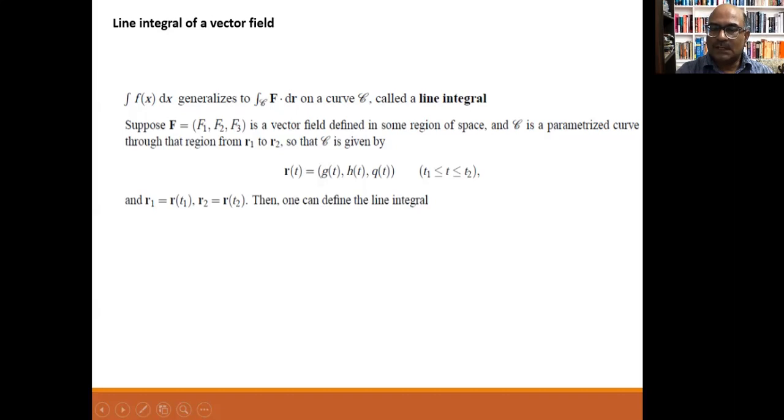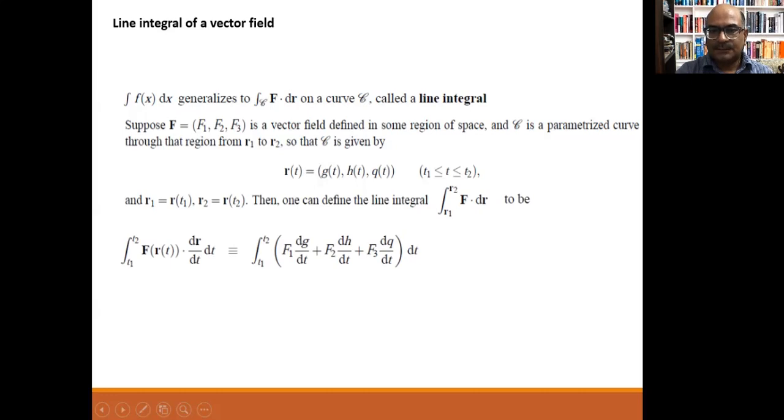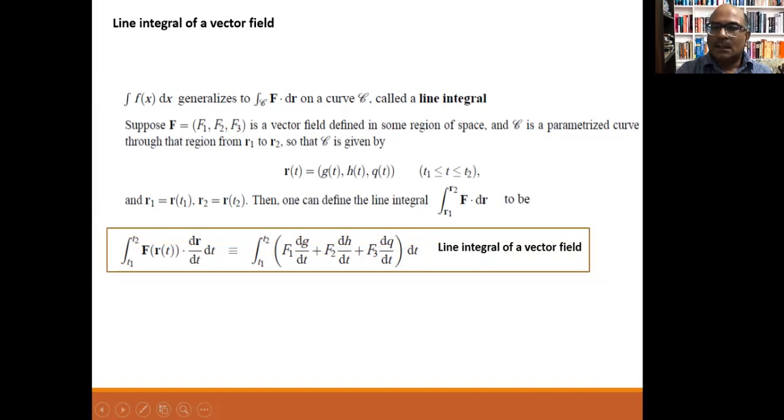For the values of t1 and t2, r1 is equal to r(t1) and r2 is equal to r(t2), and we can easily find out these values. So this integral from r1 to r2 of f dot dr is to be like this. So accordingly, what we are doing is changing the parameters of this function f from r to t. So accordingly, we have done.